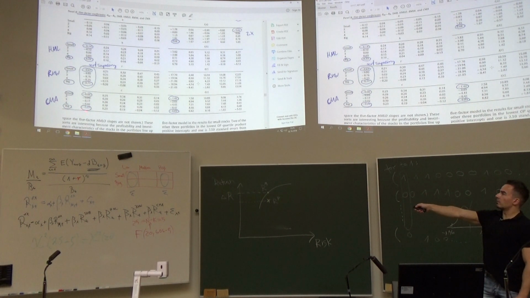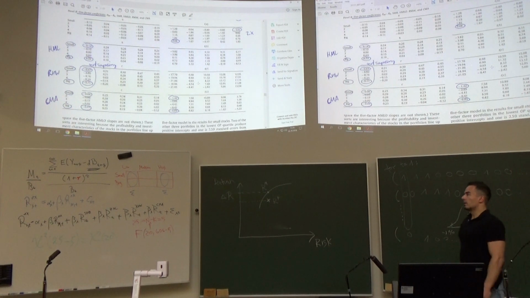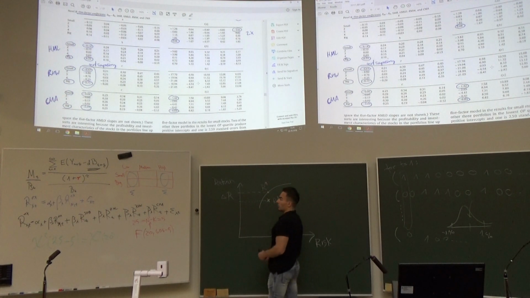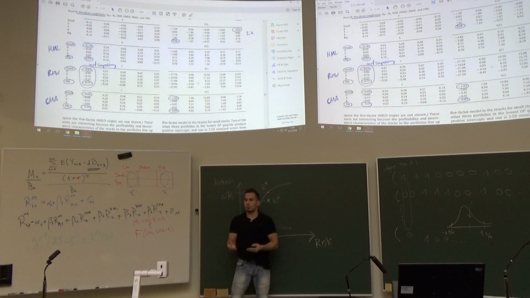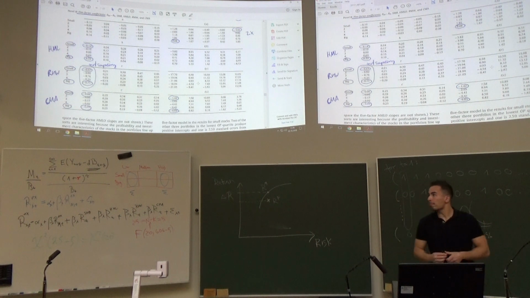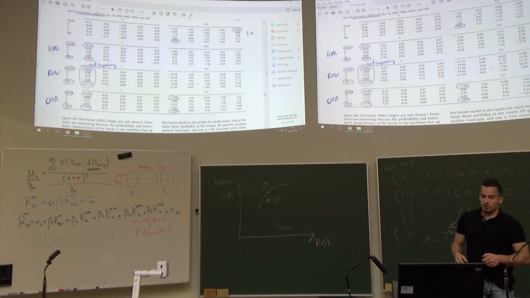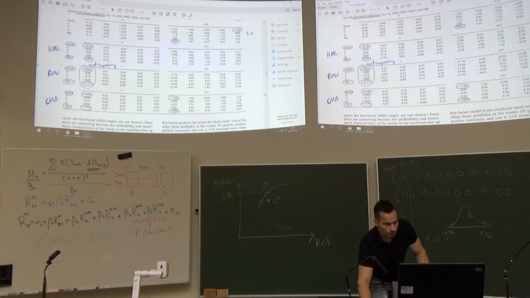The loading is not significant against the CMA factor, so we cannot say that this portfolio consists of stocks that are either too conservatively or too aggressively invested. It's neutral. The loading is statistically not different from 0, so it doesn't load on this factor. That means it's equally invested in companies that are aggressively or conservatively invested. So on average, it's like 0. That's how you would interpret this table, okay?